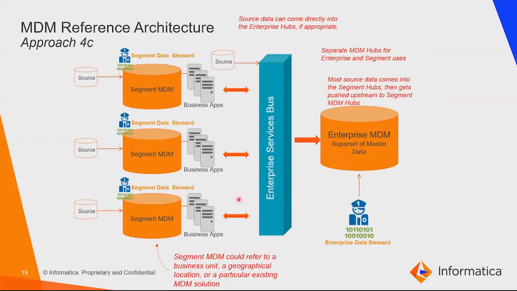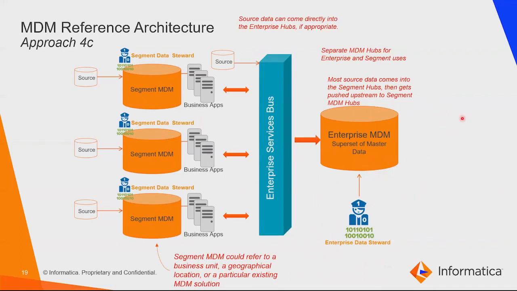These segment MDMs could be at a business unit level, they could be segmented at a geographical location level, or maybe an existing MDM solution that has a subset of your data. Once all these segmented MDMs are routed to your superset or enterprise MDM, you are able to create an enterprise level application which is governed by your enterprise data stewards, and all the information is stored in your superset at the enterprise level.